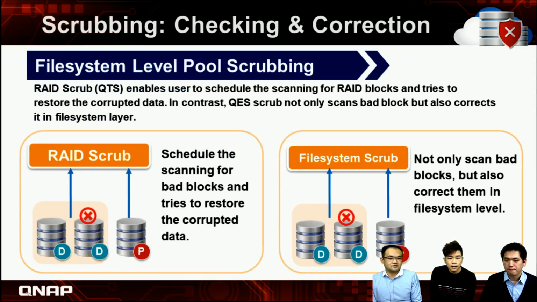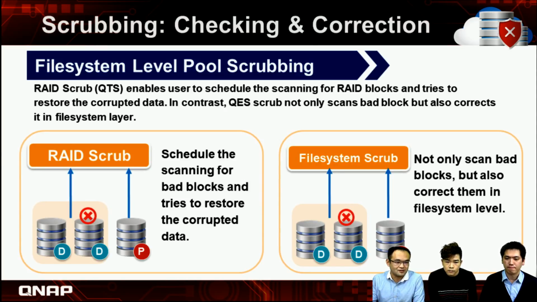Understood. And then I think scrubbing is another solution for QNAP, right? Yes, scrubbing can check the data and also correct it. For the QES, it's the ZFS system-level pool scrubbing. There are two kinds of scrub. The first one is a RAID scrub, which you can schedule to do the data checking.